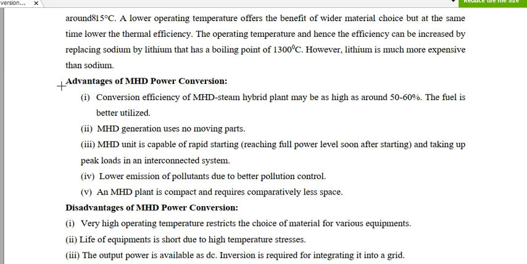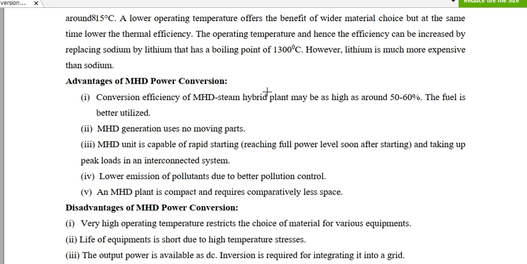So let's see some advantages and disadvantages of MHD power generation or MHD power conversion. The first advantage is that the conversion efficiency of an MHD steam hybrid plant may be as high as around 50 to 60%. That means fuel is better utilized. So if we combine an MHD power generation system with the conventional steam turbine system, we get an efficiency of around 50 to 60%, which is quite reasonable.